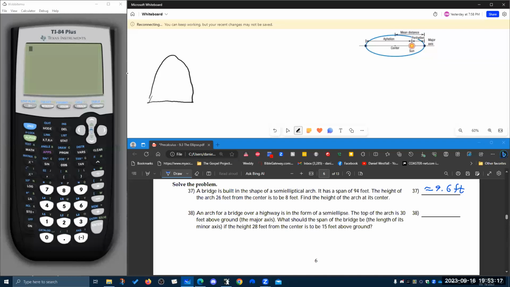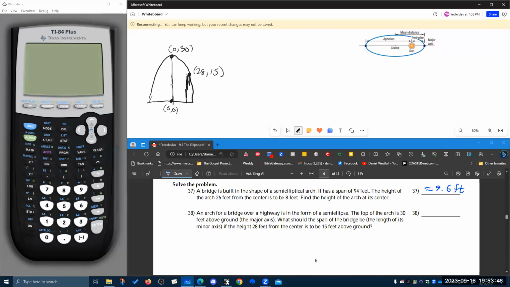The top of the arch is 30 feet above the ground, and we're centered at 0, 0 again. They tell us there's a point that is 28 feet away from center that's 15 feet above the ground.